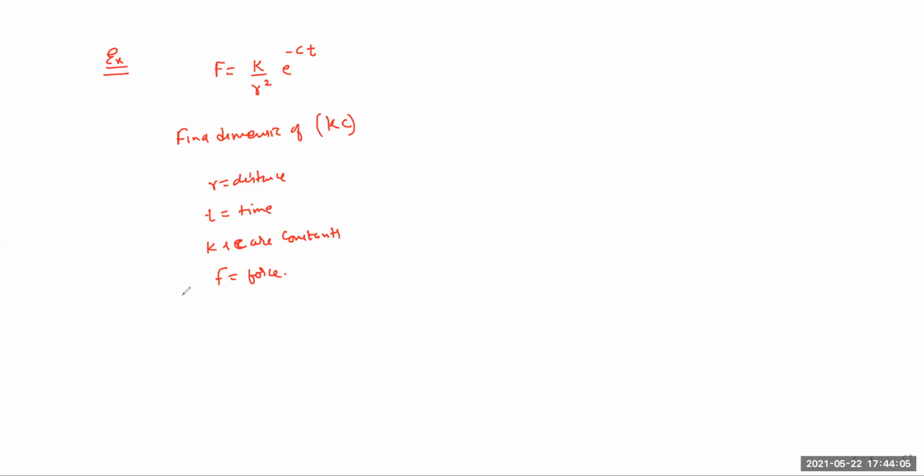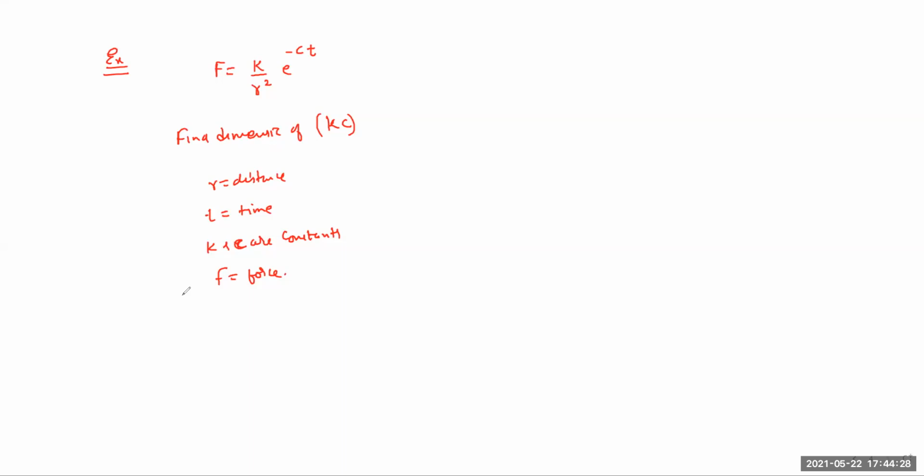Sir, but I'm getting minus. C and K, you have to find the dimension of K and C. What is the answer? No, sir, I'm getting minus. Minus will not affect the dimension. Minus can be minus only.